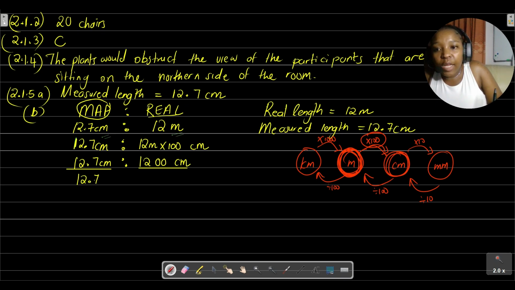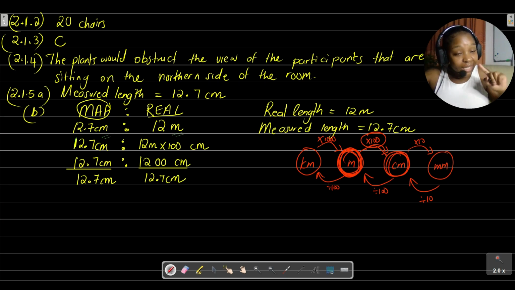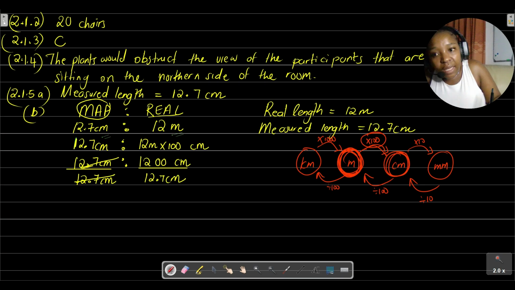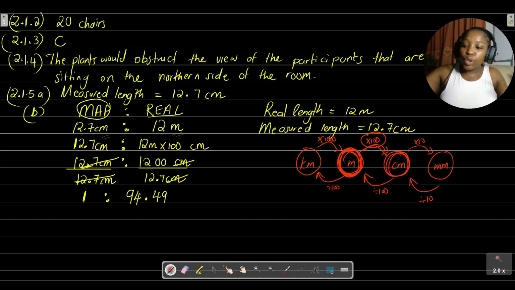So 12.7 centimeters divided by 12.7 centimeters gives us 1, because I want to just have 1. 1 is to 1,200 divided by 12.7, which is equal to 94.49. The centimeters and centimeters have cancelled. We do not have any units there.